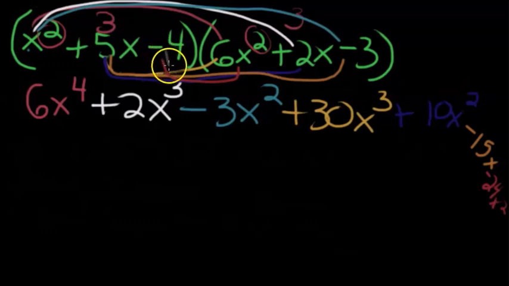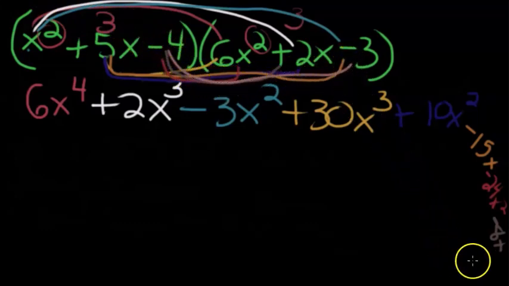Now we have -4 times +2x, which gives us -8x. We have -4 times -3, which gives us +12.